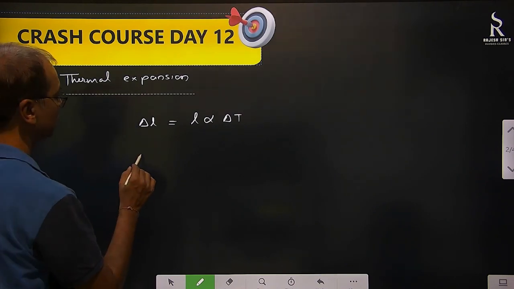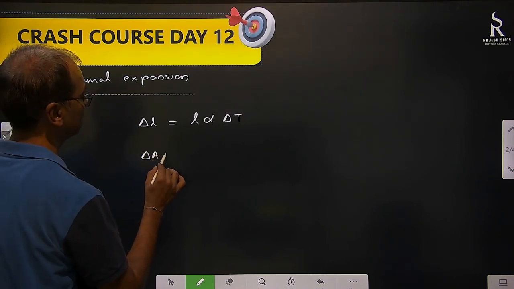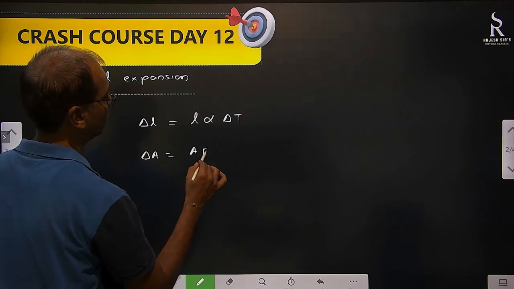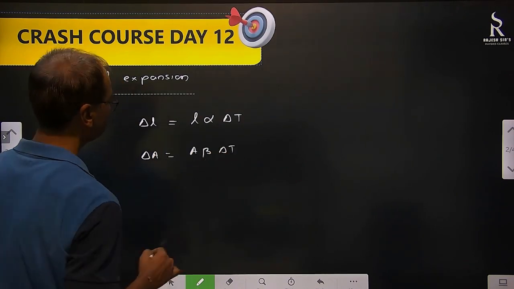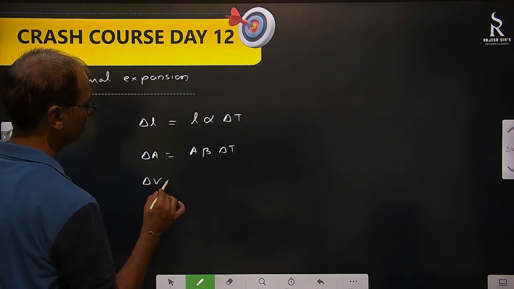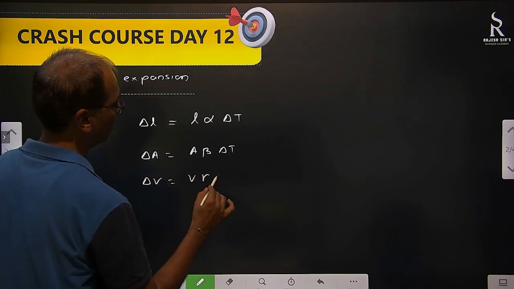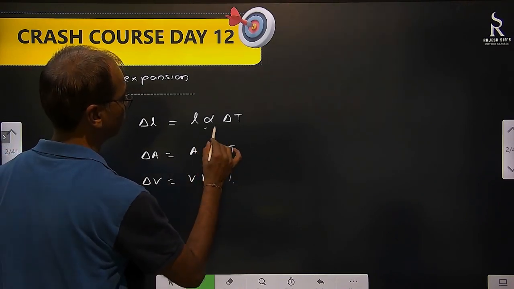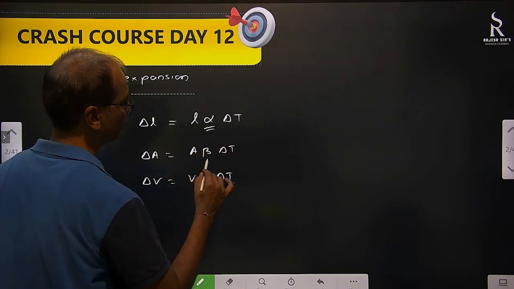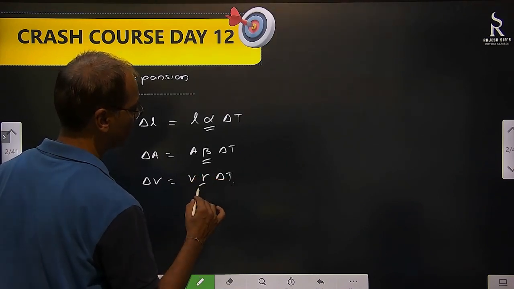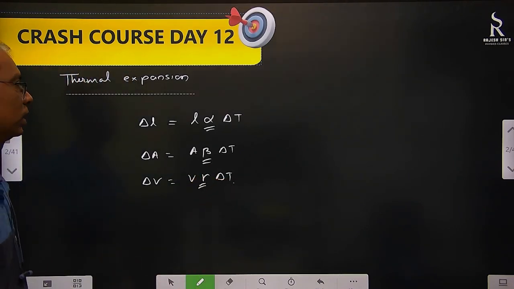In the same way, the change in area is A beta delta T, and the change in volume is V gamma delta T. Alpha is the coefficient of linear expansion, beta is the coefficient of areal expansion, and gamma is the coefficient of volumetric expansion.